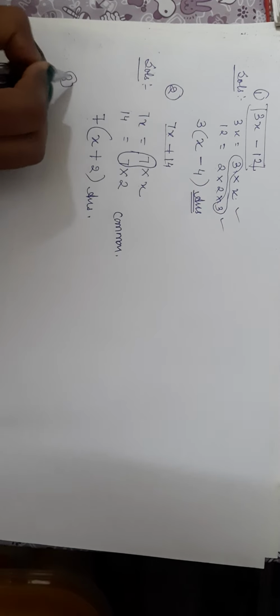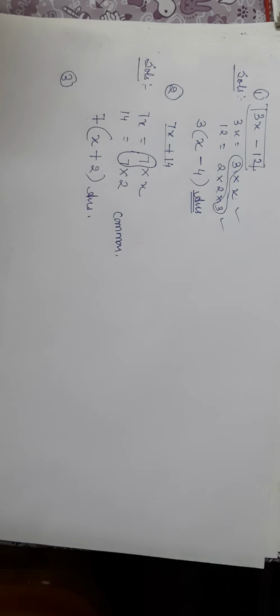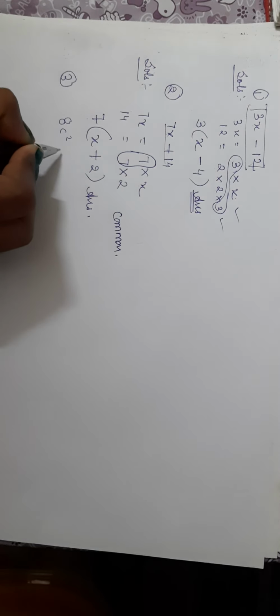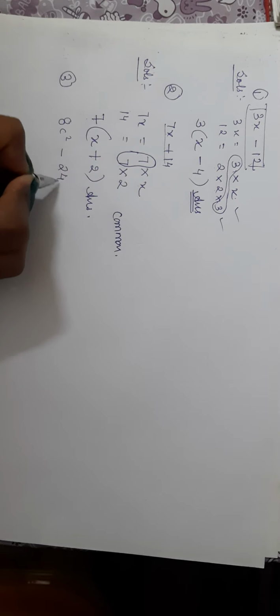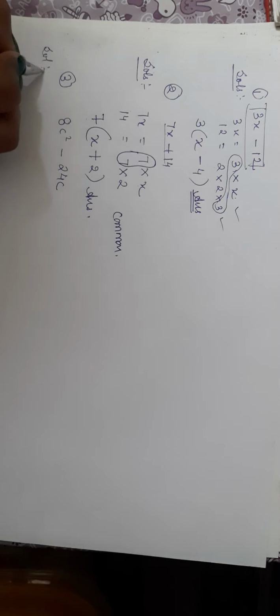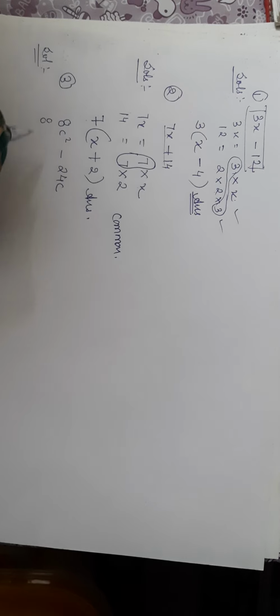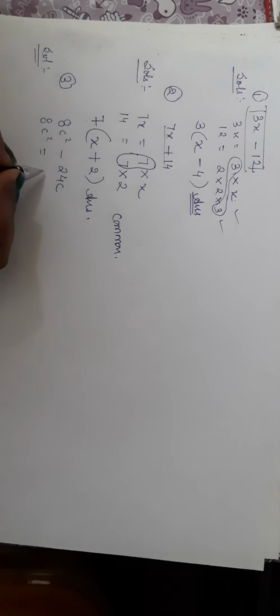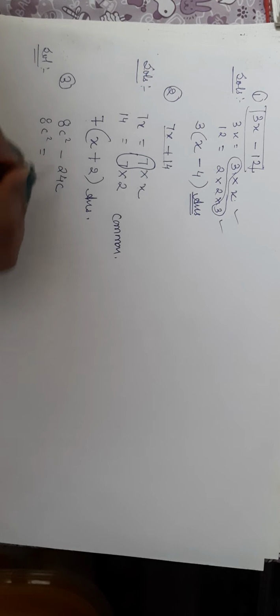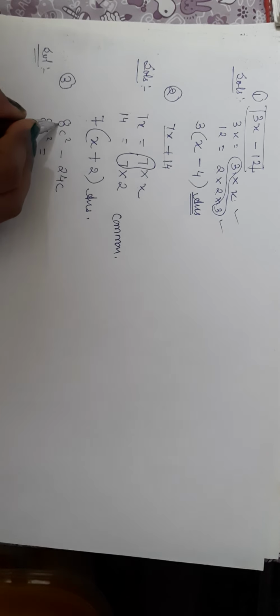Now the third question is another example, 8c square minus 24c. So what will be the factors of 8c square? From both terms you have to take out the common factor. First take the prime factorization of 8.